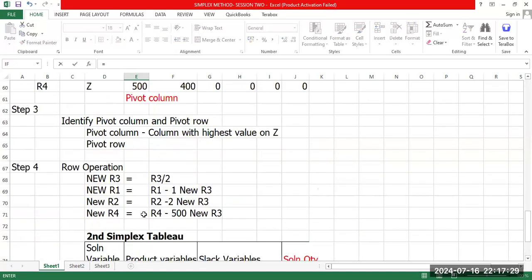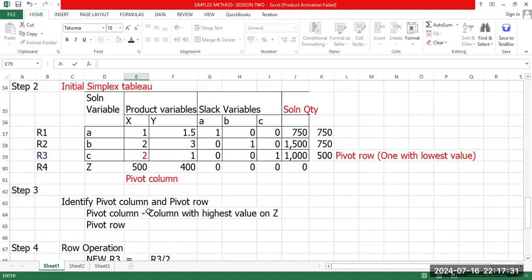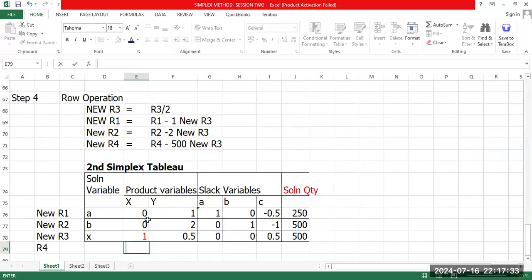Here you get 150. Then what about here? 150. What about 0? Then B? 0. Then C? That's 250.